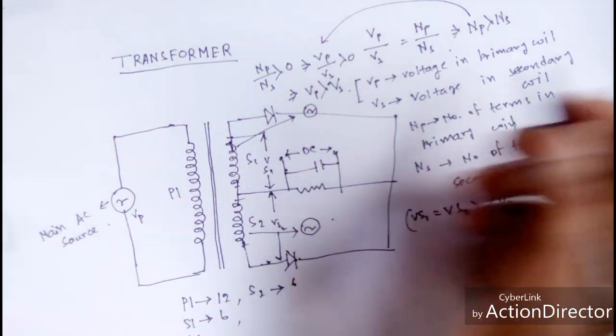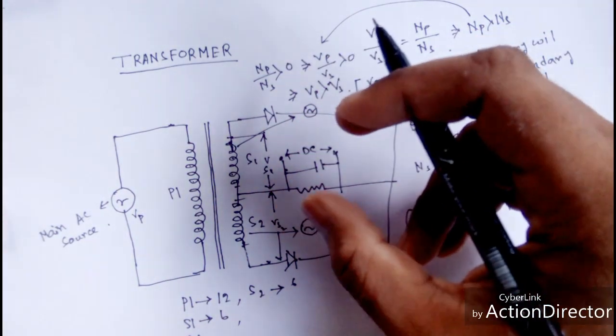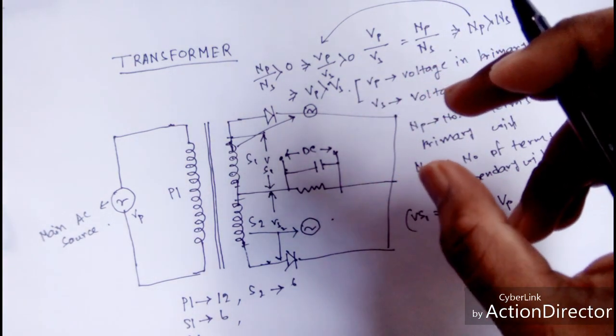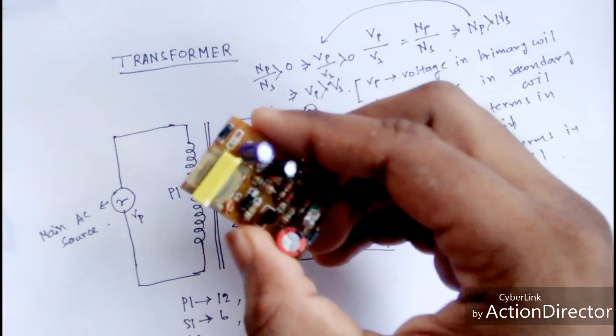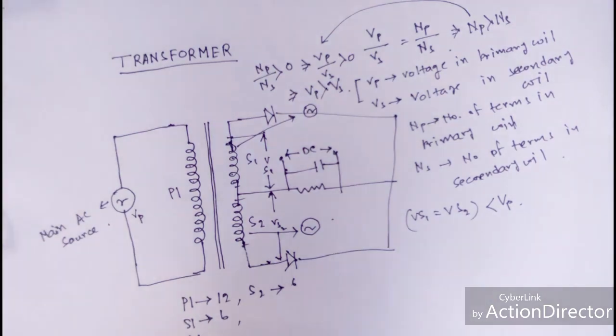So this is how we can lower this high voltage to low voltage using a transformer. In this circuit you can see, I have to focus a little.